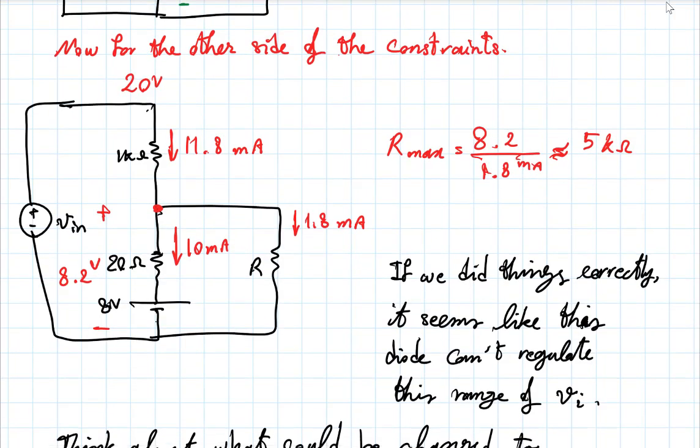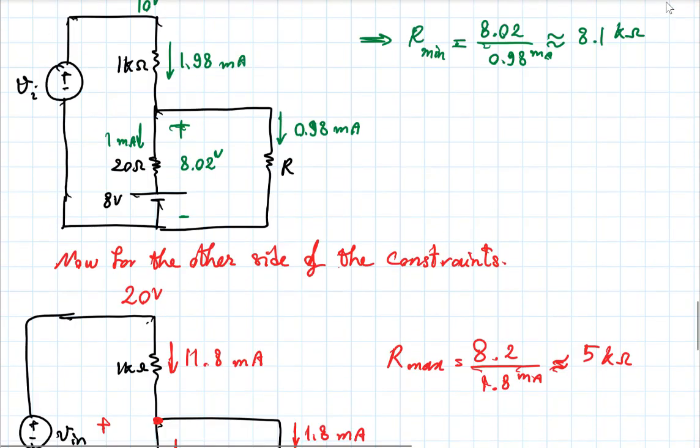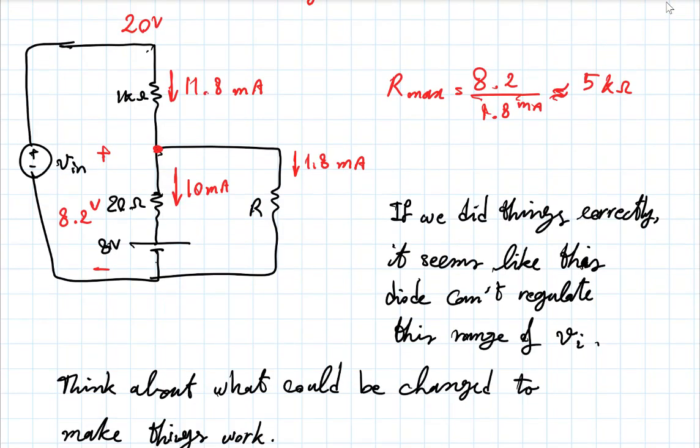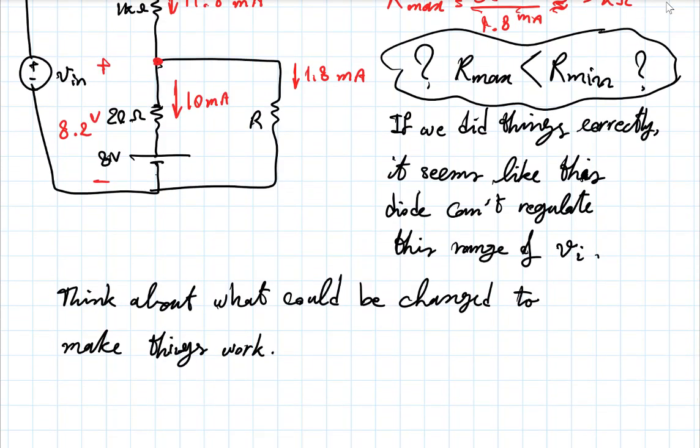So I hope this was a little more exciting than just a routine regulator problem, and that it shows what's really happening. So this is R max less than R min. Is this a problem? I want you guys to think about this. Again, do not consider this problem as solved, okay?